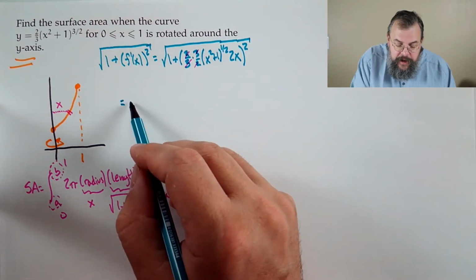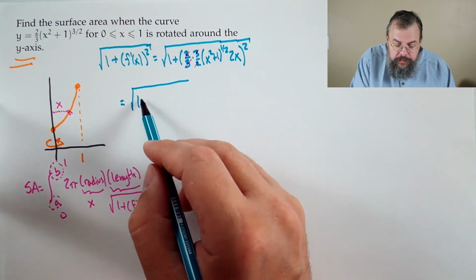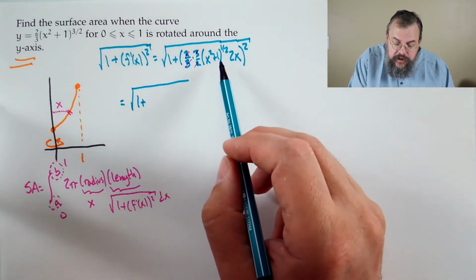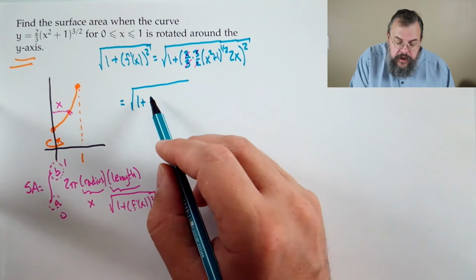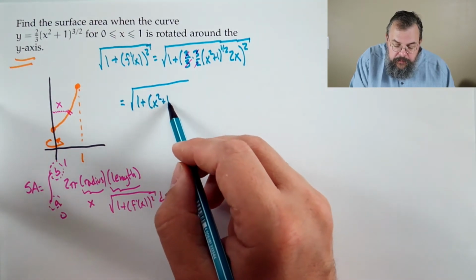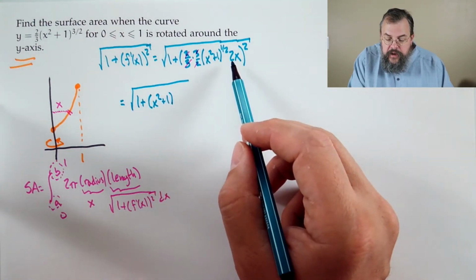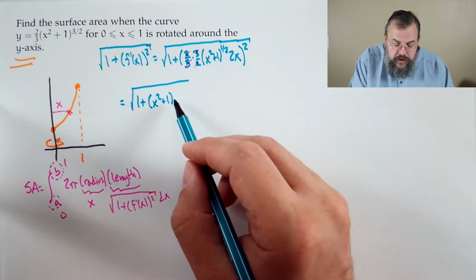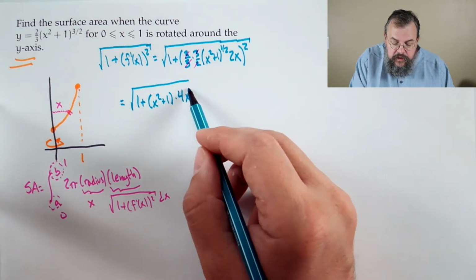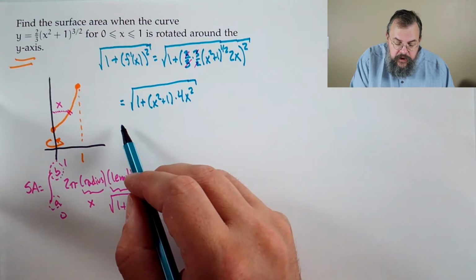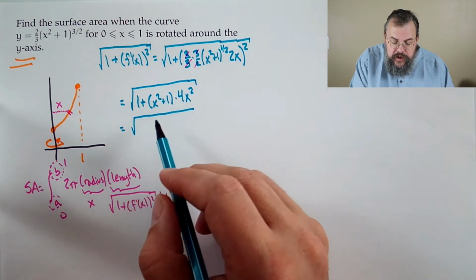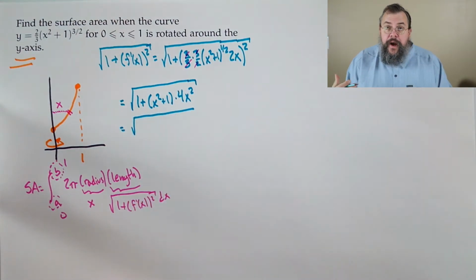So that's going to become the square root of 1 plus. Now, when you square this, to the 1/2 to the 2, x squared plus 1. Then here, you'll get 2 squared and x squared. So 4x squared. So that becomes what? Square root. Well, let's put things in the highest power first.